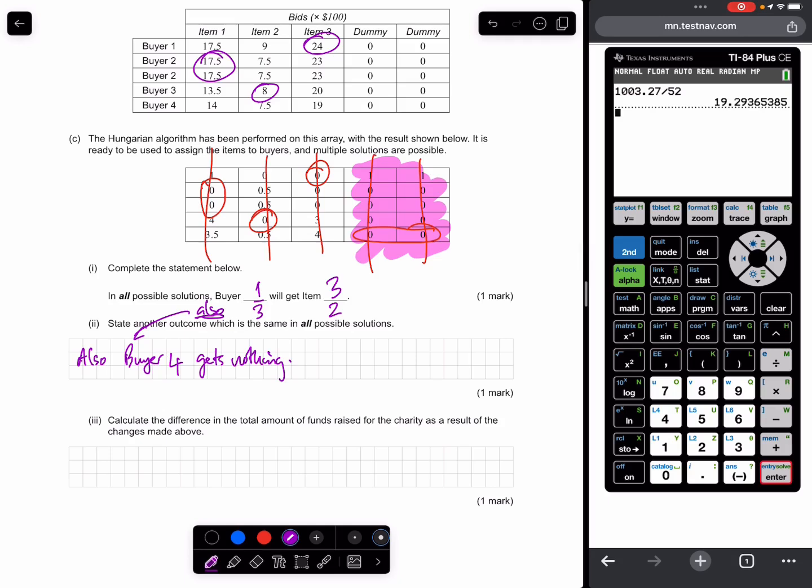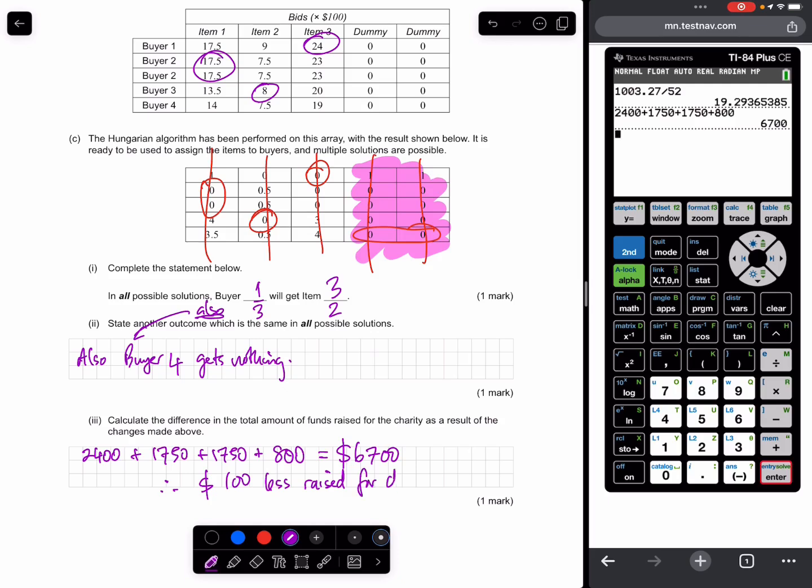Calculate the difference. 2400 plus 1750 plus 1750 plus 800, 6700. Therefore, $100 less raised for charity.